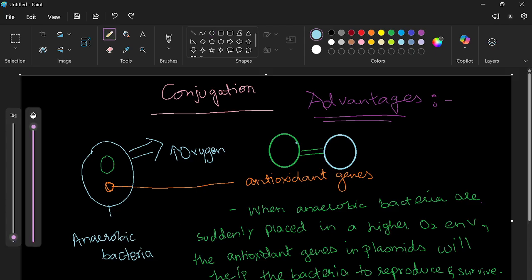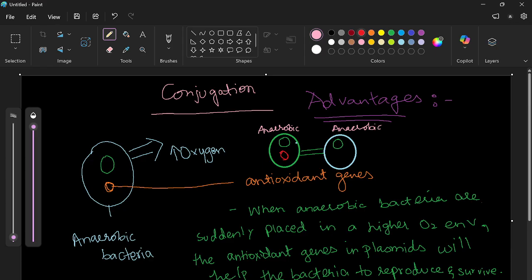So this, let me do the orange color. Okay, so this is the same plasmid which codes for antioxidant proteins. And this one is the normal chromosome. Okay, this one also has it. And just suppose that these both are anaerobic bacteria, anaerobic.